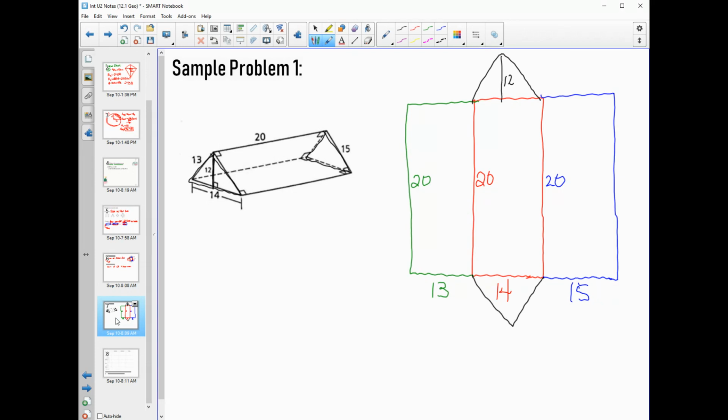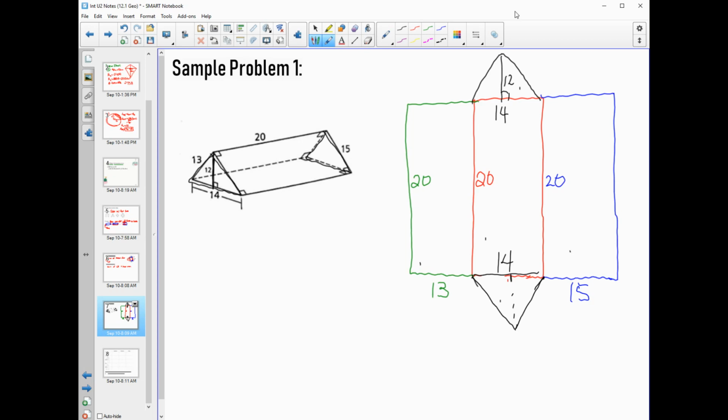So I want you guys to think about how we can make this as simple as possible. I'm going to move that 14. And we want a process that we can repeat. So we could look at this as 1, 2, 3, 4, 5 shapes, right?